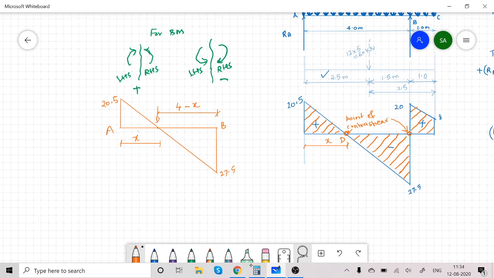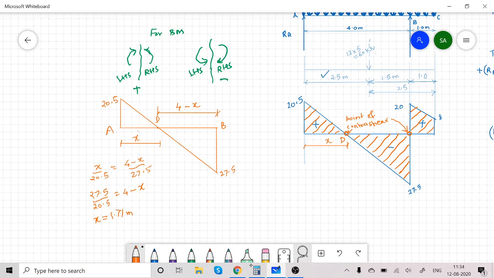Now using similar triangle rule, X upon 20.5 is equal to 4 minus X upon 27.5. So simplifying this, you will get the value of X is equal to 1.71 meter.